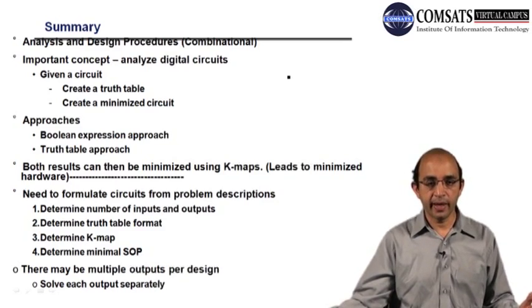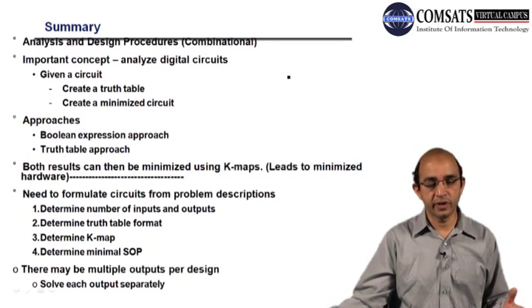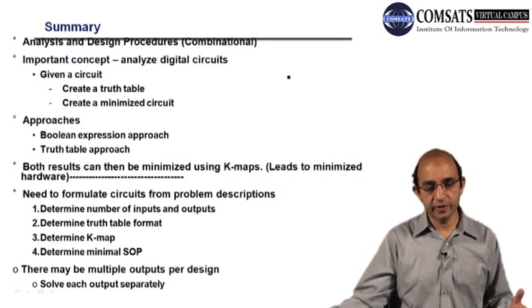And there are different choices we can make whenever we are analyzing a circuit, right? Like, for example, first we have to find out the input and the output, right? And then we can have the Boolean expression, or we can have the truth table, right? So the analysis procedure normally tells us the behavior of the circuit.